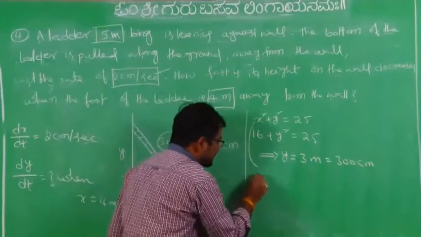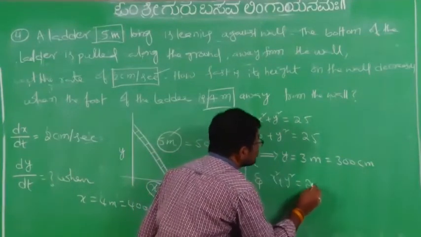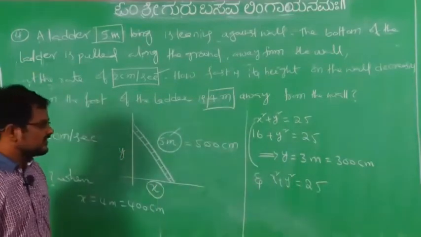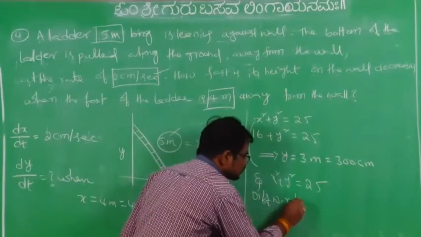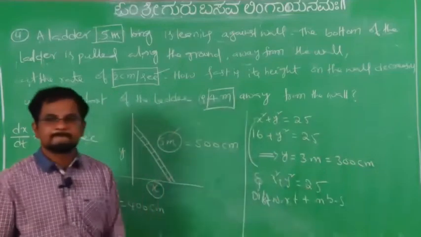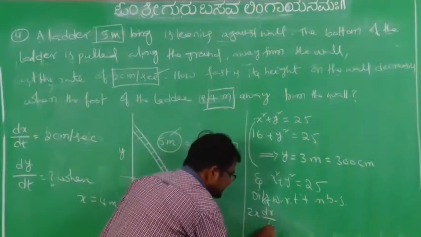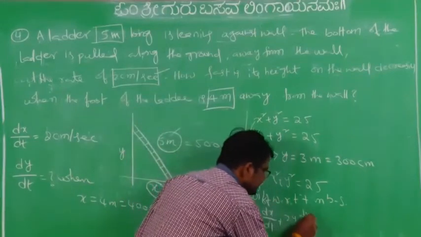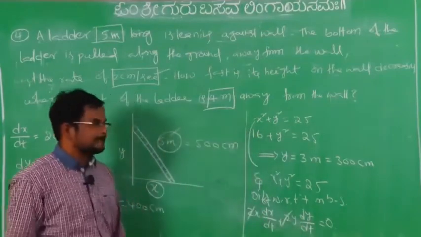Again you take x square plus y square equal to 25, differentiating with respect to t on both the sides. 2x dx by dt plus 2y dy by dt equal to 0. 2 also cancel.